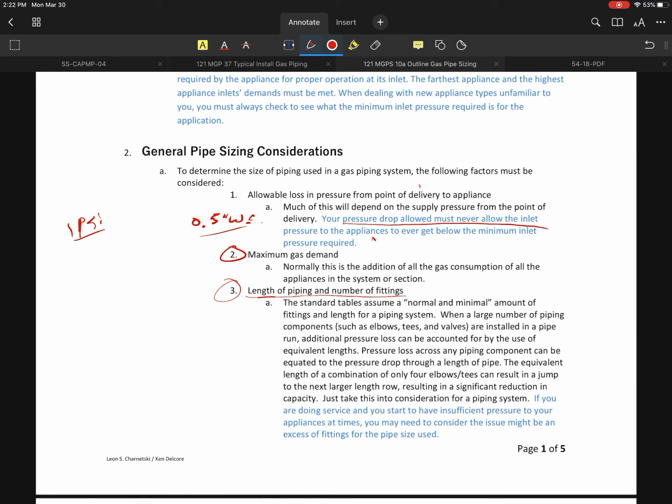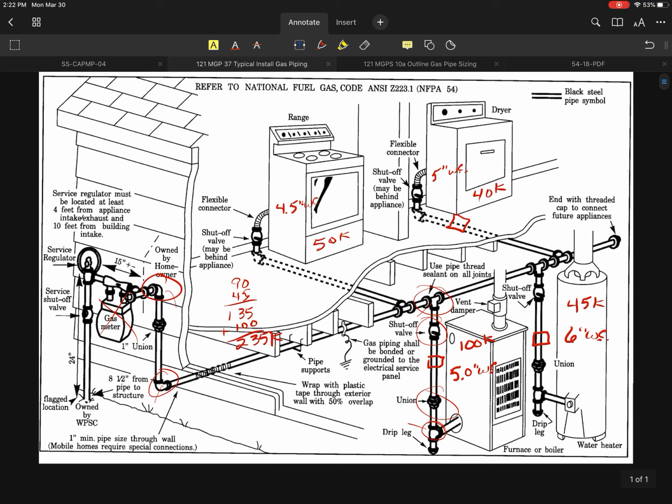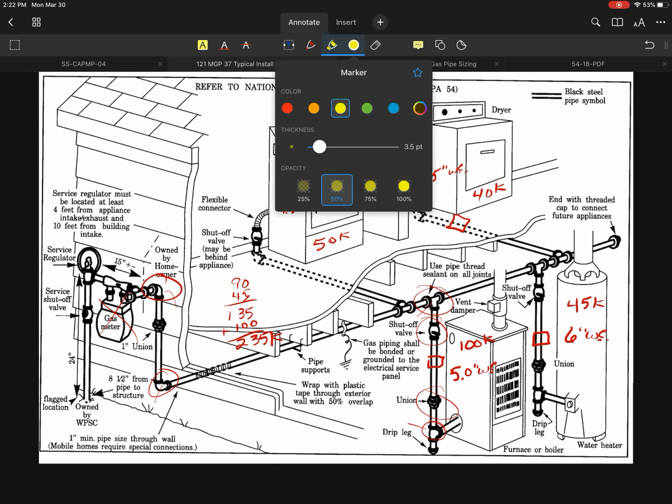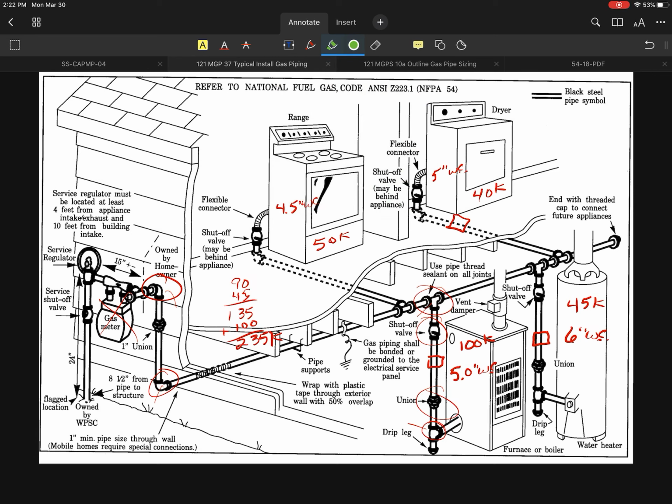So why are we concerned about the length and the piping and the fittings and all those types of things? What is the big deal about that? Well, what you can't have happen in a system is that you start to supply fuel gas, and all of a sudden, hey, we piped it, it's all done, and this appliance starts to run, and this one, and this one, and before you know it, when all those appliances are running, I don't have enough gas pressure going to that appliance.